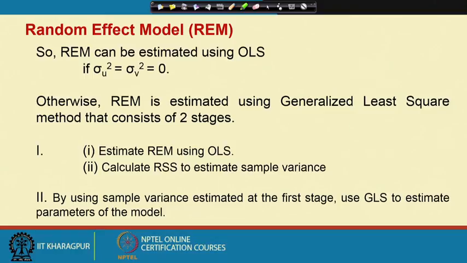So, what will you do? First we take the problem and investigate with the pool data, and again we will go ahead with the fixed effect model, and then come with the random effect model.